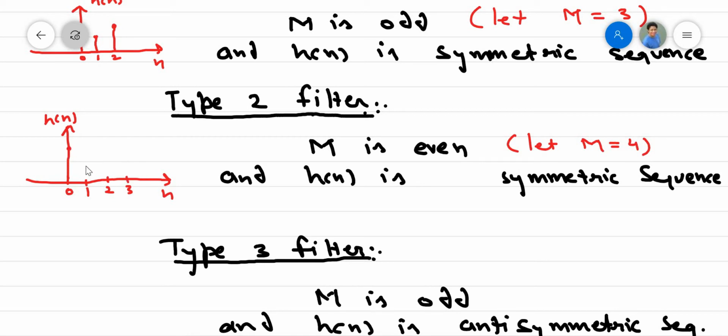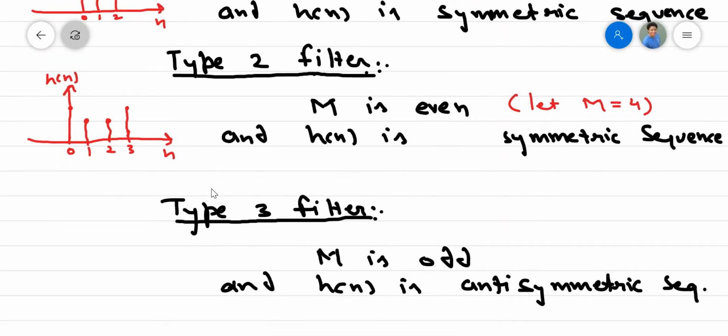Then we'll have a sequence at this point, then at this and this. Okay, so this is also a symmetric sequence with M even.